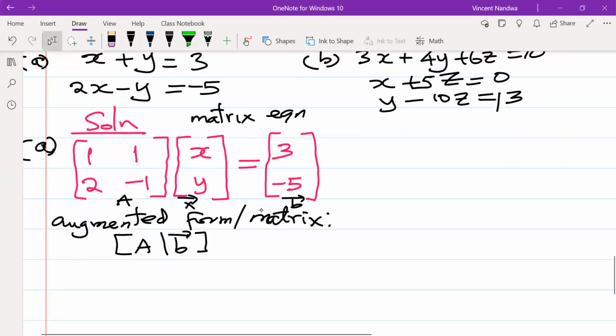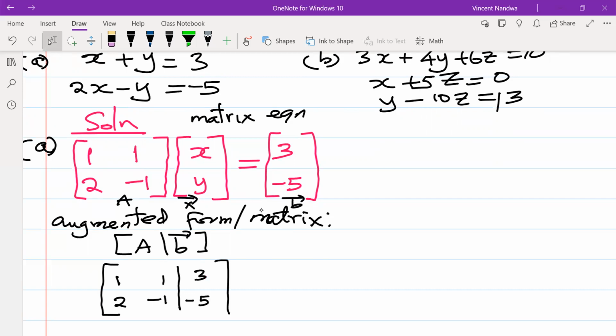So this will be 1, 2, 1, -1, separated with a line, then b is 3, and then -5. So that's what we call the augmented form or matrix of the given system.